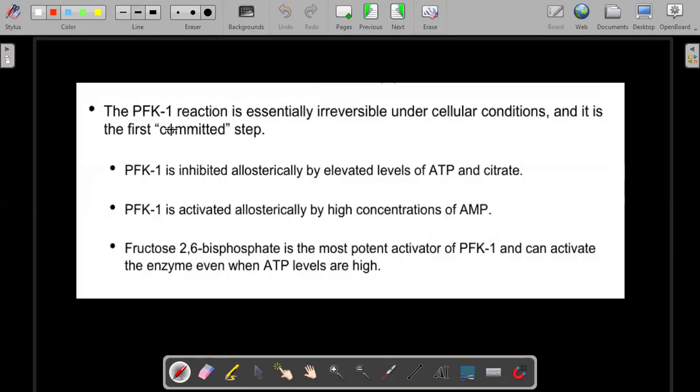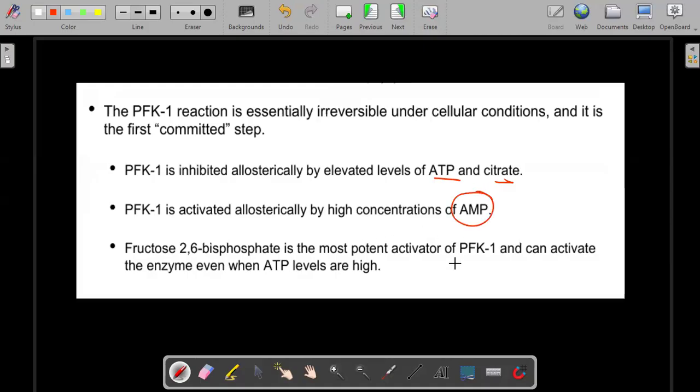For phosphofructokinase, the enzyme working at step number 3, the things that inhibit it allosterically are ATP and citrate. These are two inhibitors for phosphofructokinase 1, and it can be activated by a high concentration of AMP.